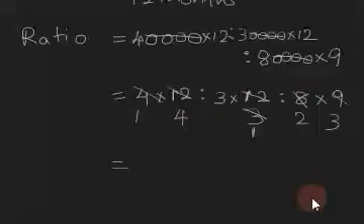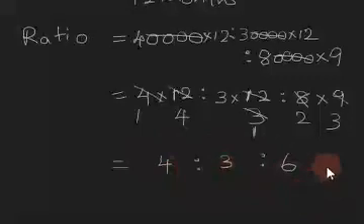Here 1 into 4, 4. 3 into 1, 3. 2 into 3, 6. So this is the ratio. I can't simplify further. Why? Here there is no common factor. From 3 you can divide these 2, but you can't divide this one. So I can't divide it further.